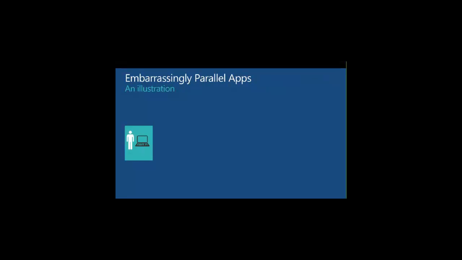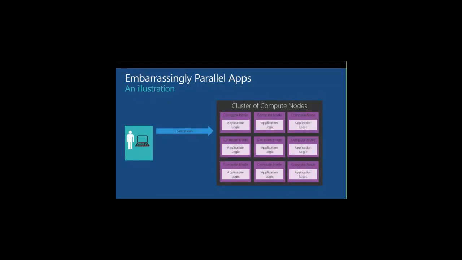So here is an illustration of something called an embarrassingly parallel application, which works great on large clusters, and especially on the cloud, because each unit of your work is not dependent on the others, meaning that you can spin up as many processes as you like. We mentioned a few of those types of applications.